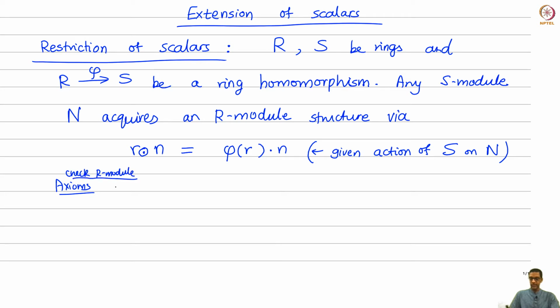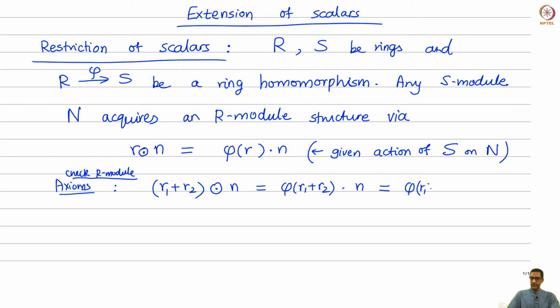What all do we need to check? Well, N is still an abelian group, that's all right. We just need to check things like, if I take r1 plus r2 and act on n, will it give me the sum? Is there distributivity? By definition this is phi of (r1 plus r2) acting via the given action on n, but phi is a ring homomorphism.